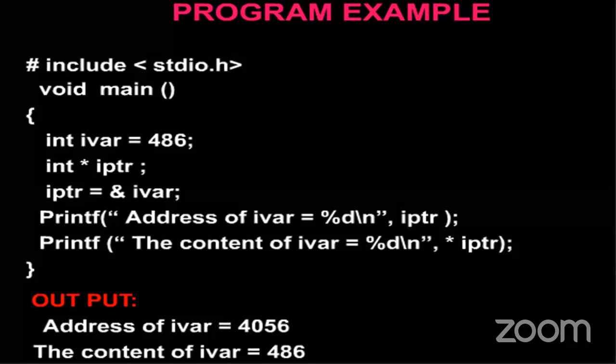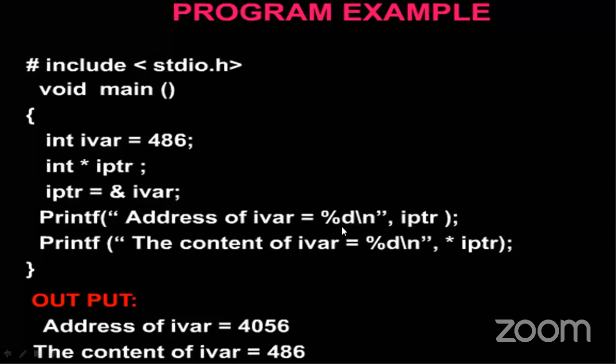So this is one simple example. I already discussed that example in the previous class. Here I'm taking some different variables. Into the I value variable, 486. Next one, the pointer variable, that is IPTR. IPTR is equal to address of IVR.